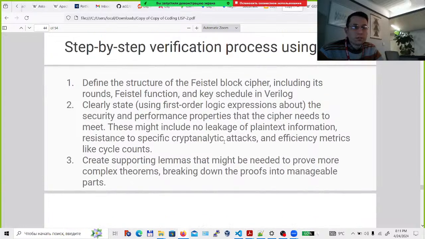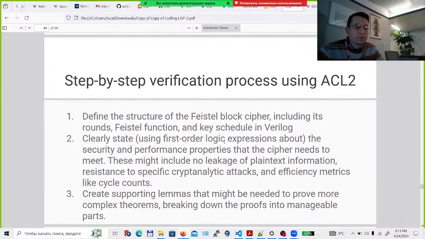So let's discuss the step-by-step verification process using ACL2. Define the structure of the Feistel block cipher, including its rounds, Feistel function and key schedule in Verilog. Then clearly state, using first-order logic expressions, the security and performance properties the cipher needs to meet. This might include no leakage of plain information, resistance to specific cryptographic attacks, and efficiency metrics like cycle counts.